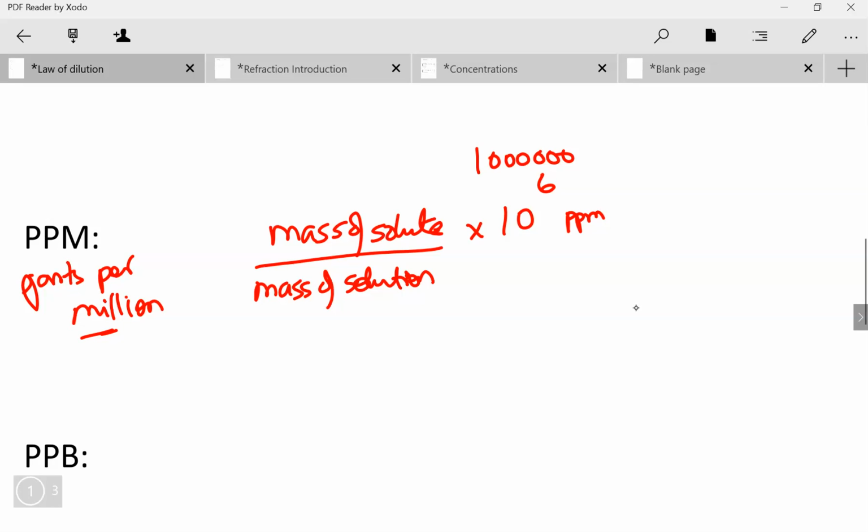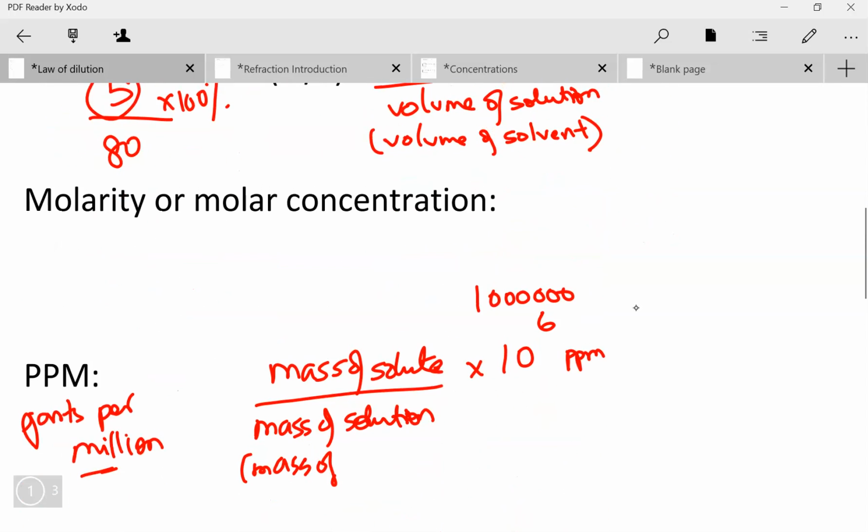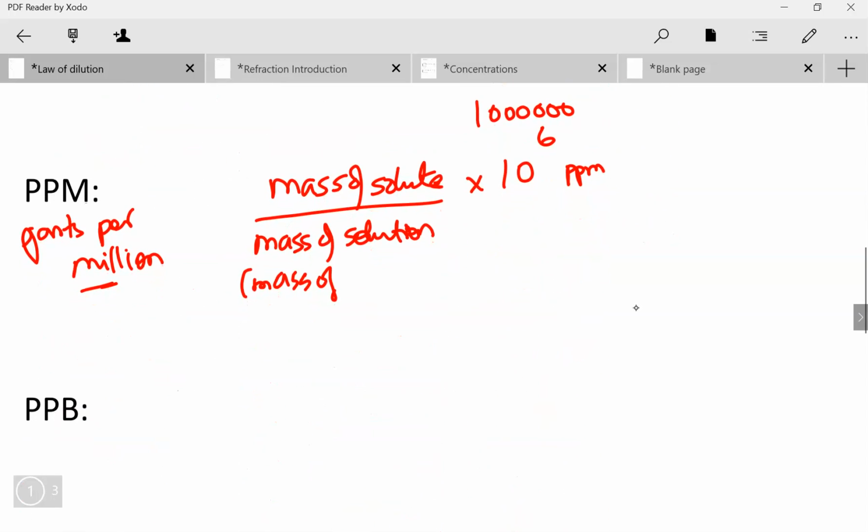It's important to note that even though we have a mass of solution here, very similar to our weight per weight, we can approximate this to be mass of solvent instead. Why can I do that? Because let's say I have, again, 5 grams of solute, and I'm doing a ppm. If it's 5 ppm, 5 grams of solute is dissolved in 1 million grams of solution, right?